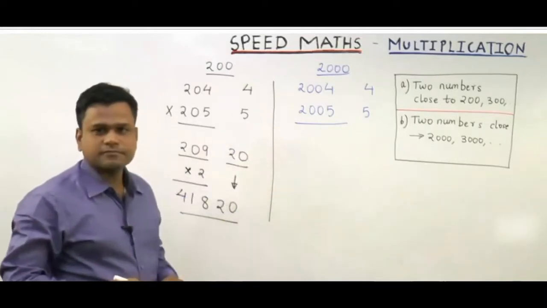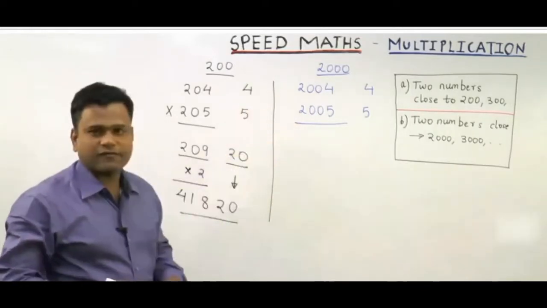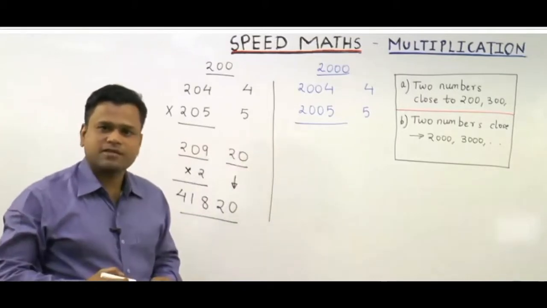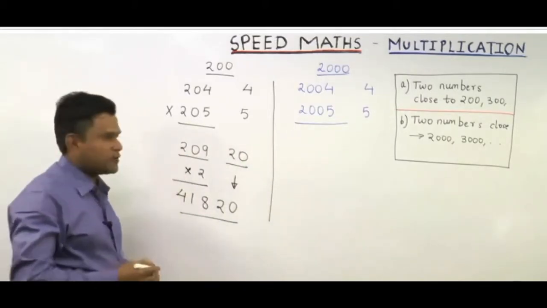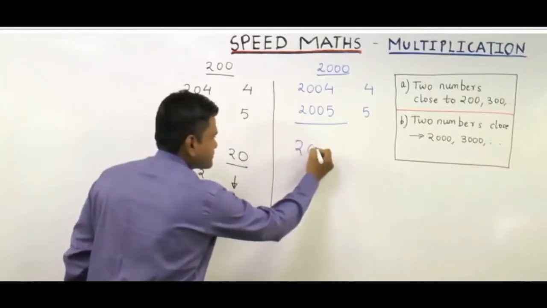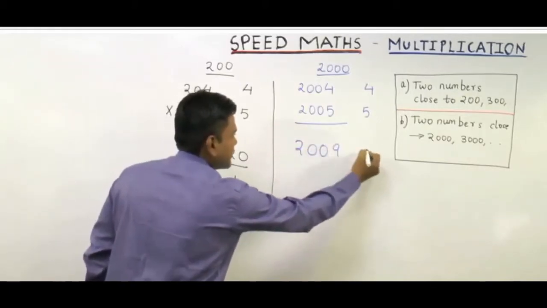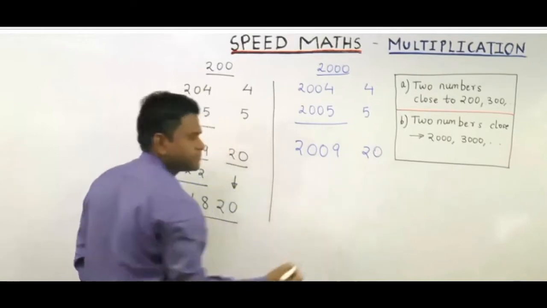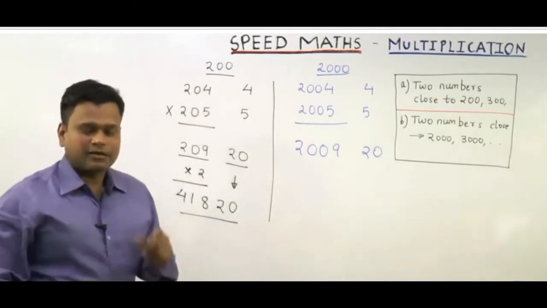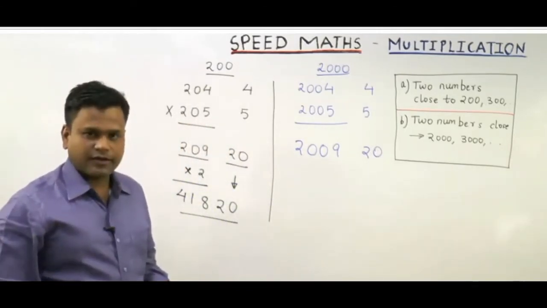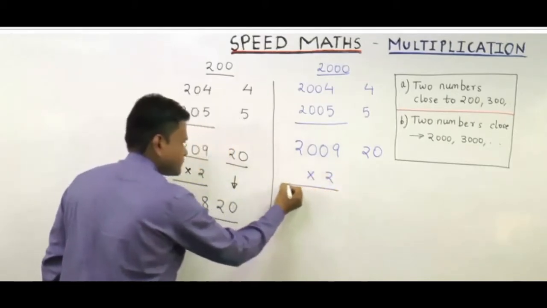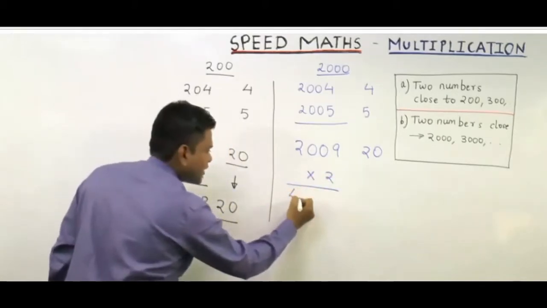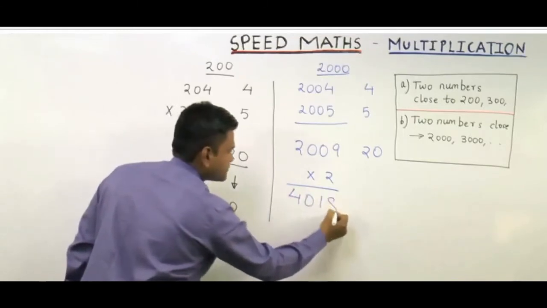Add 2004 with 5 or 2005 with 4, the same way. So this time, earlier we got 209, now we have 2009, and this part is 20. Double the first part, right? So you have to double this one. You get this number as 4018.